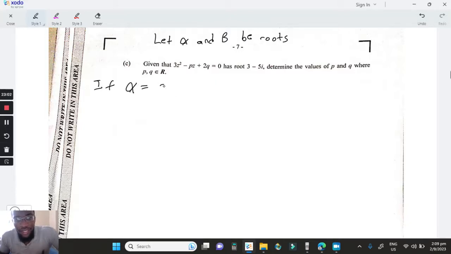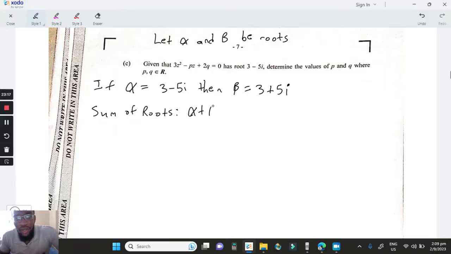If alpha is 3 minus 5i, then we know that beta is 3 plus 5i. So the sum of the roots is alpha plus beta, which is 3 minus 5i plus 3 plus 5i, and 3 plus 3 is 6. That's the sum of the roots.